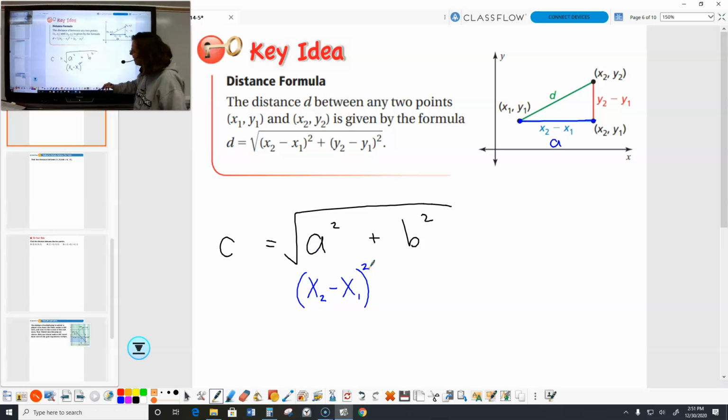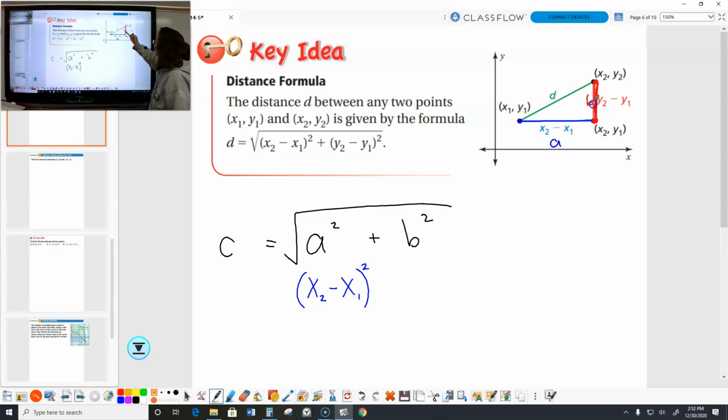Now, how would I find this vertical distance? Well, to find the distance from here to here, if I was on a piece of graph paper, I would take this vertical number and subtract that vertical number. And this number, take away that number, would give me this distance.